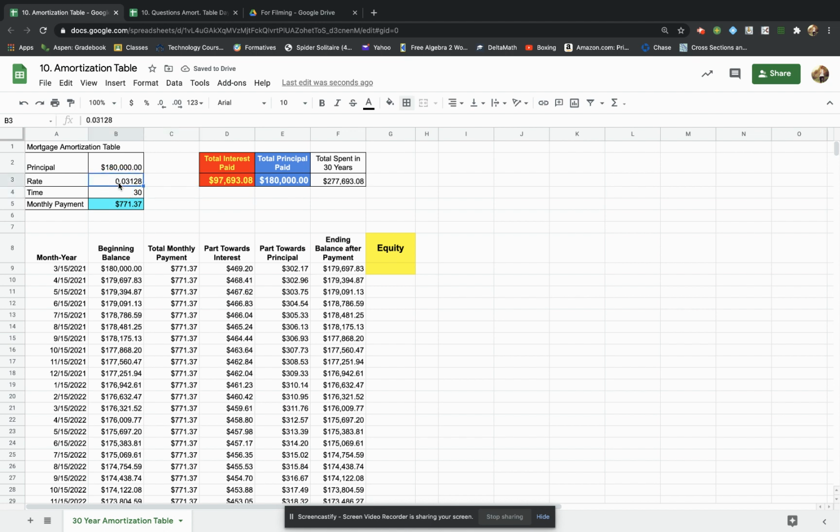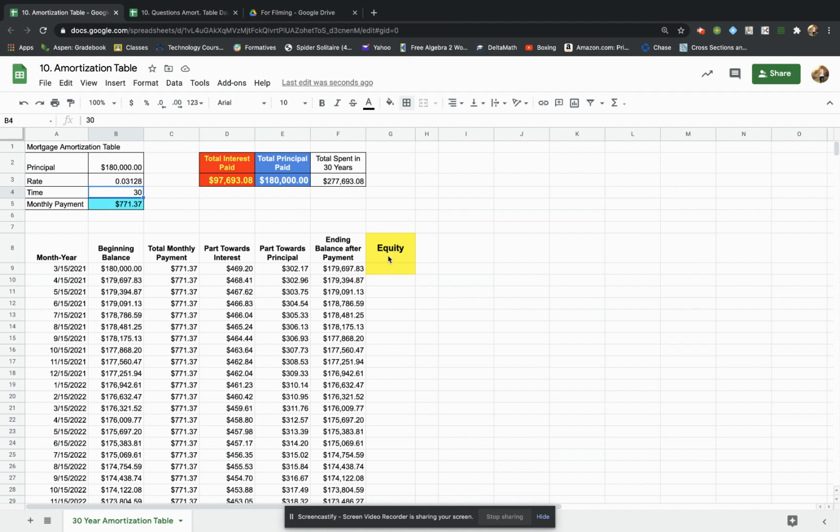Last March, I think it was around, let's go with 0.25%. Watch what happens to your interest and your monthly payment. Interest goes down to 76,000 and your monthly payment goes down to $711. Interest rates, huge. That's why everybody keeps their eye on them. Nobody likes to see the interest rates go up when it comes to loans.